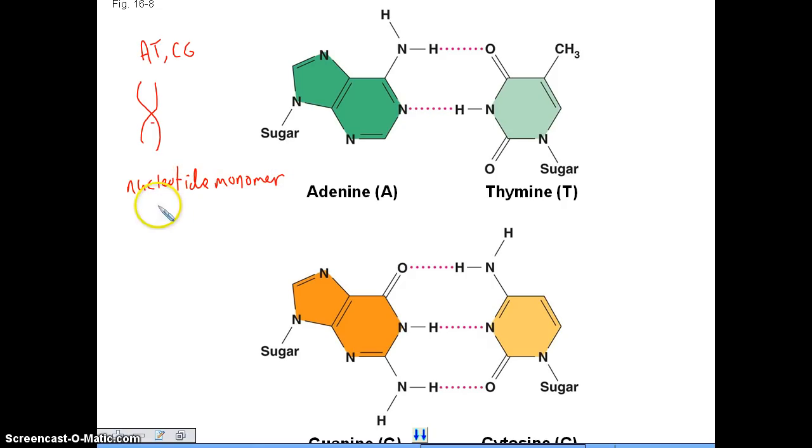And that monomer is made of a phosphate group, this 5-carbon sugar, and one of two bases, either a purine or a pyrimidine. We also need to be familiar with the fact that hydrogen bonds hold together those bases, and that sugars and phosphates form the backbone of the molecule, and that it's the nitrogenous bases that you'll find in the center.